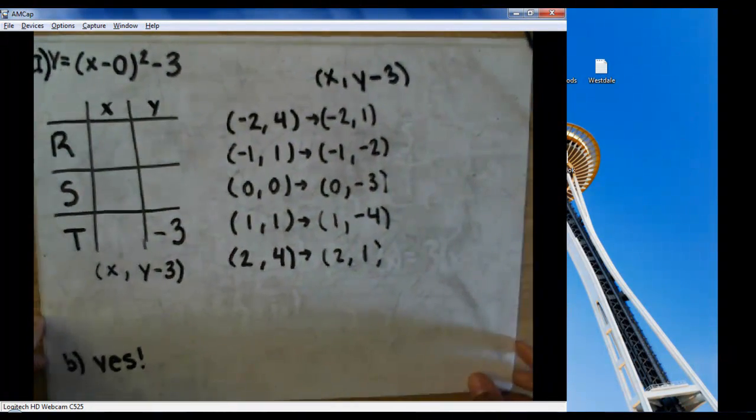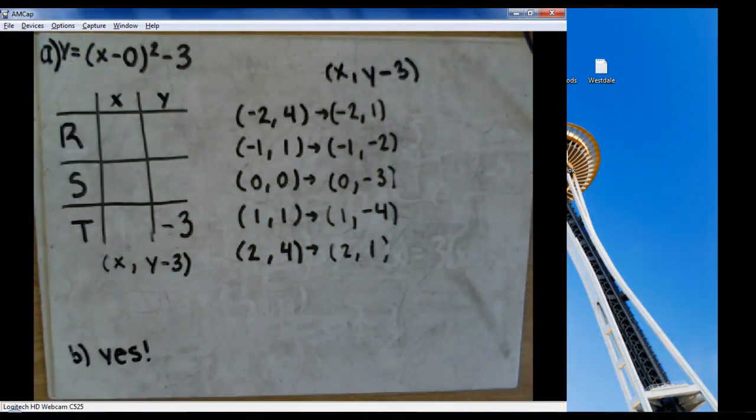Our question was, graph the equation y equals x squared - 3, and B is the relation a function? So first we change it into vertex form, so y equals (x - 0) squared - 3. Then we put it in an RST chart.